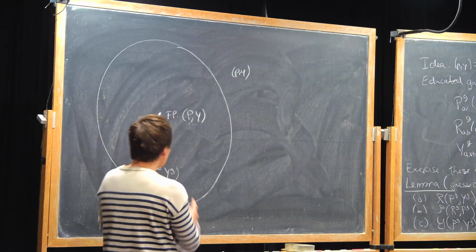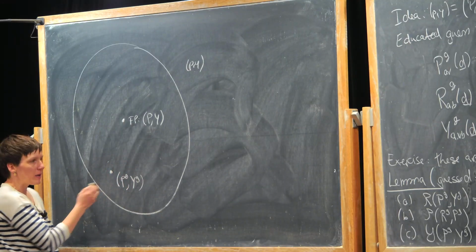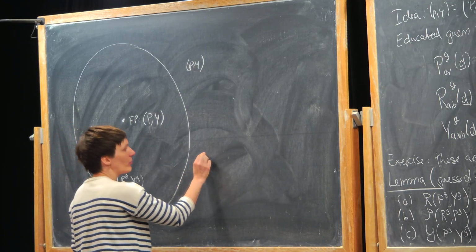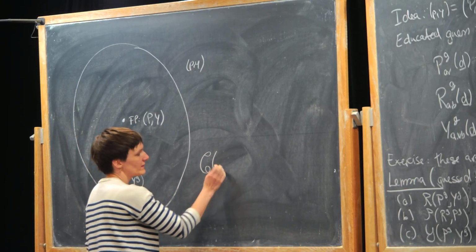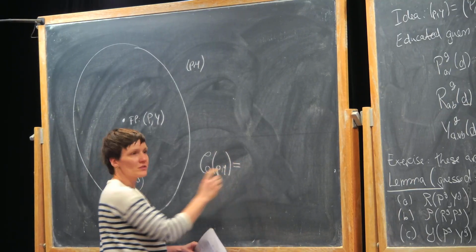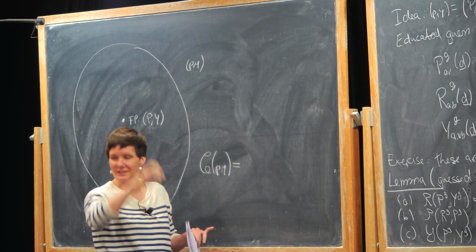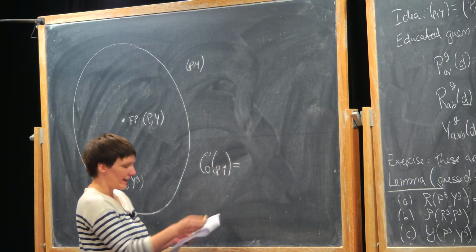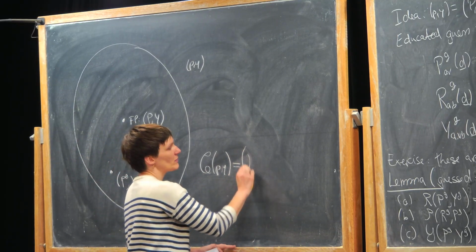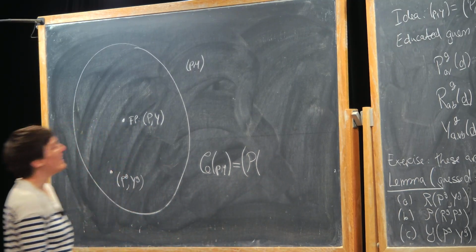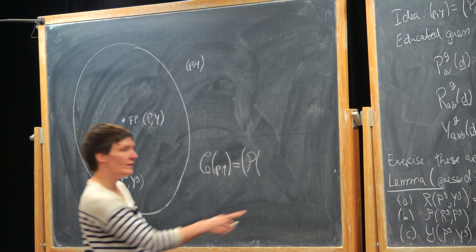And then you say, well, if I apply my operator, and there's actually only one operator, the operator is C on (P, Y). This is just formalizing doing all of the recursions. So I want to get a pair again out of this.